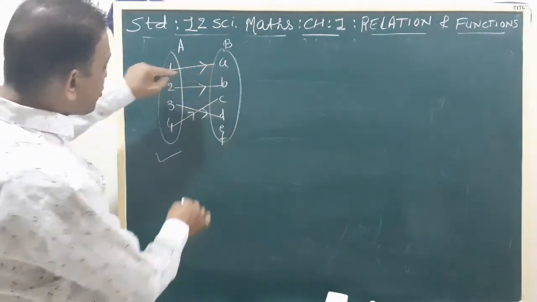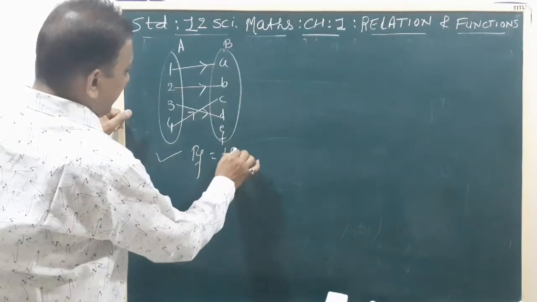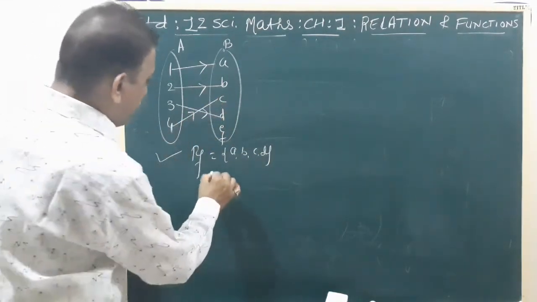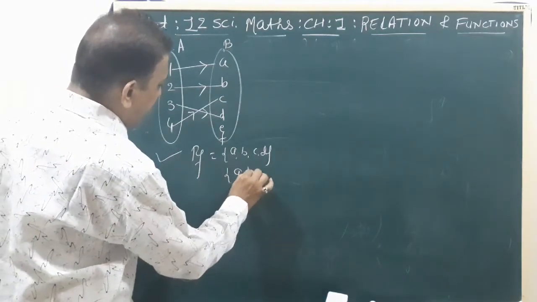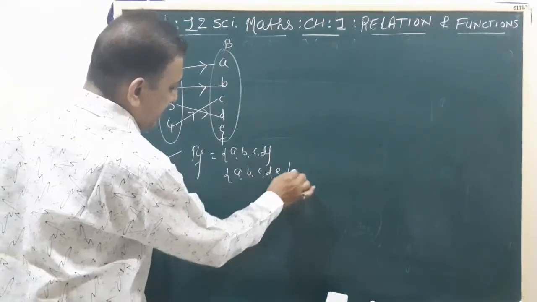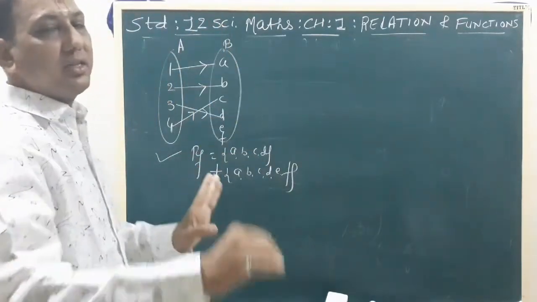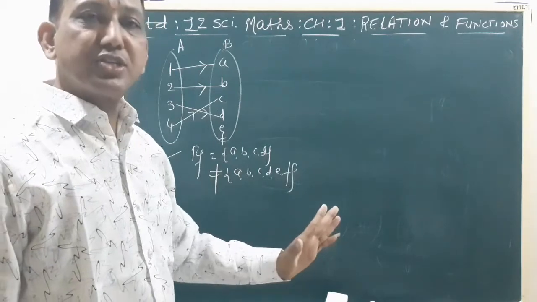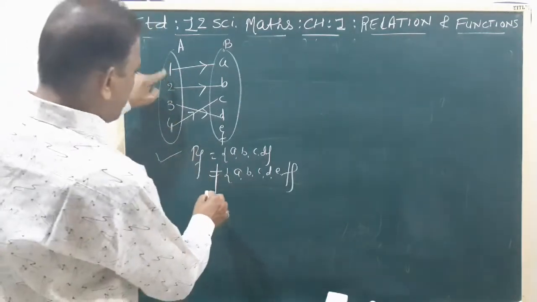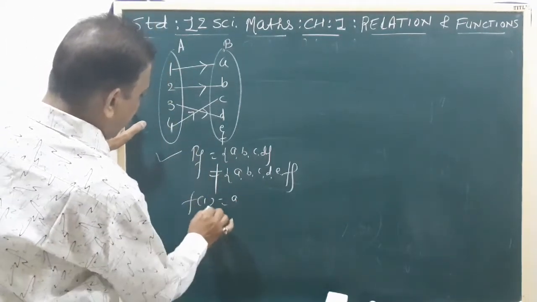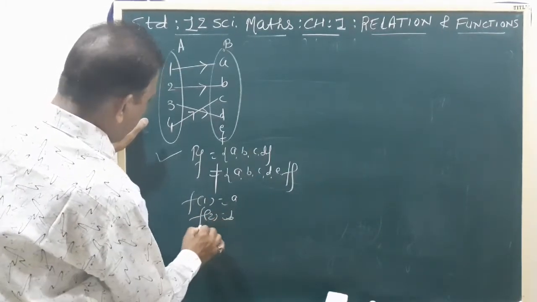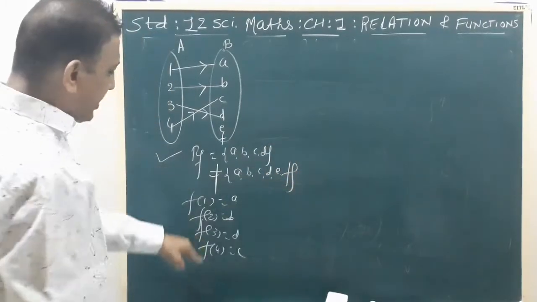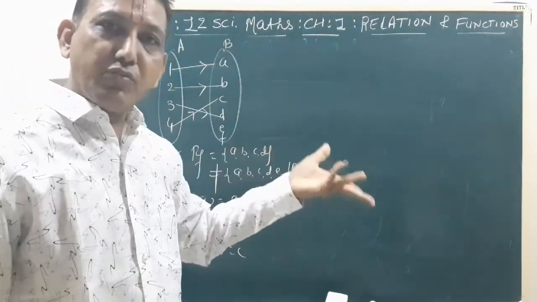Because the range of F is A, B, C, D, and the codomain is A, B, C, D, E, F, which are not equal. So range and codomain are different. That means not an onto function. Right? One-one is possible because different value gives different answer.